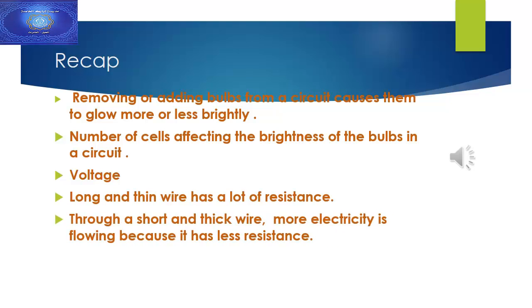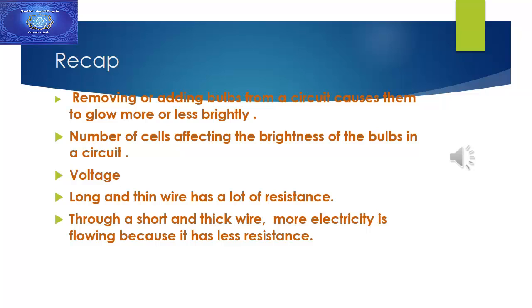From this lesson, we have learned all these points. Removing or adding bulbs in a circuit causes them to glow more or less brightly. Next point, the number of cells affects the brightness of the bulbs in a circuit. Next one, what is voltage?